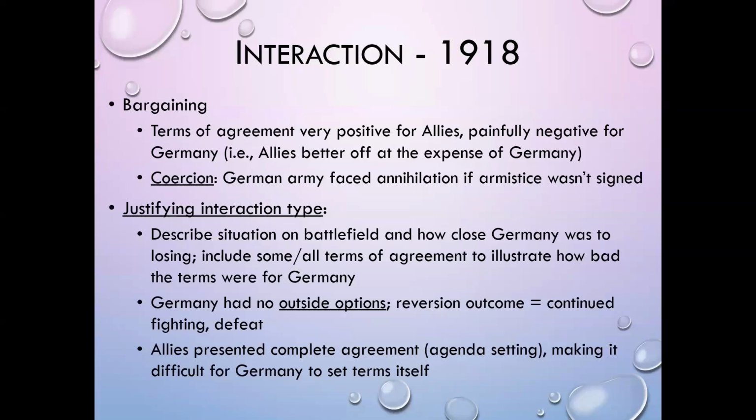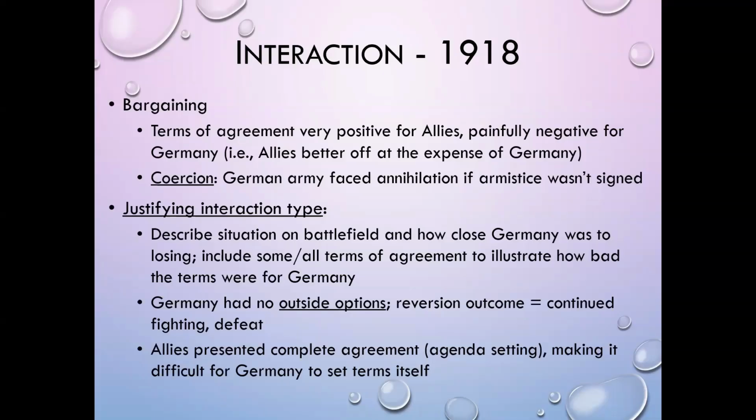If we also want to talk about agenda setting, the Allies presented a complete agreement, making it difficult for Germany to set terms itself. They came with a ready-made set of terms, which they had actually sent to the German government and said, these are our terms.